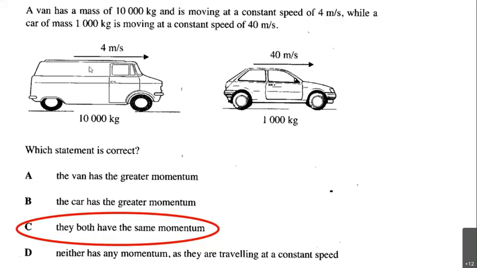So when we look at both of the products, 4 times 10,000 is 40,000, and 40 times 1,000 is also 40,000. So they both have the same momentum because the product of their mass and velocity is the same. Okay? You see that now?